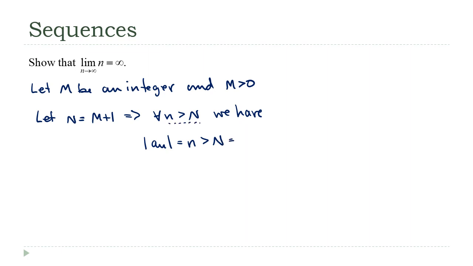But capital N is M plus 1, which is greater than M. So if we cut out all the middle stuff, for every n greater than this value, the absolute value of a sub n is greater than M. And that's what we need to show that the limit is equal to infinity.